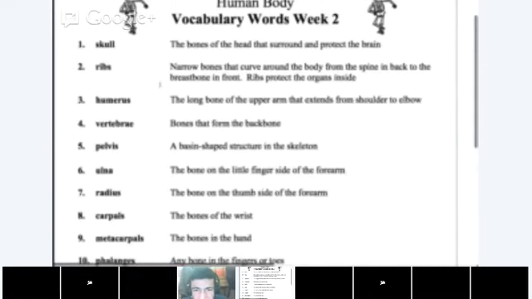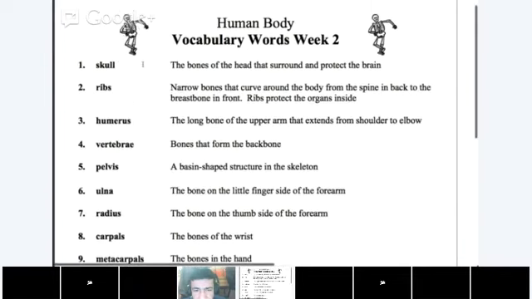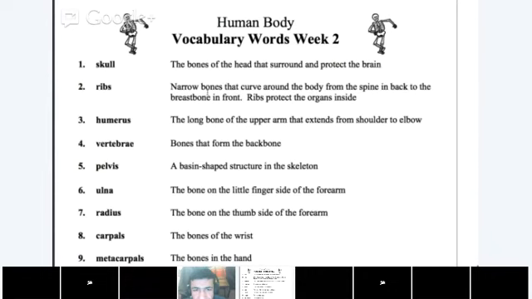The system of bones is called the skeletal system. If you weren't here for the last class, we covered a little bit about the skeletal system. So the part of the body that deals with these bones, like the skeleton, is the skeletal system. Who did not read in the last section?